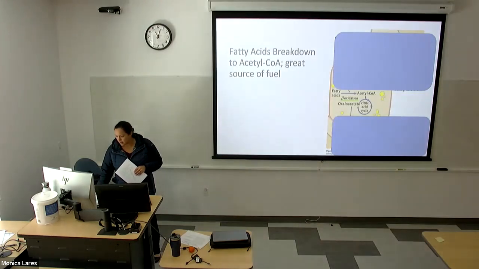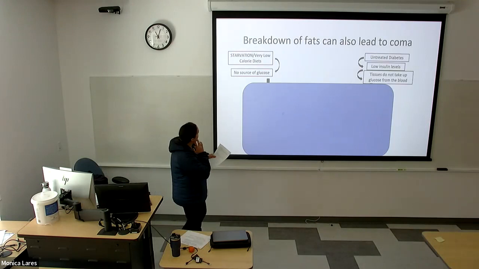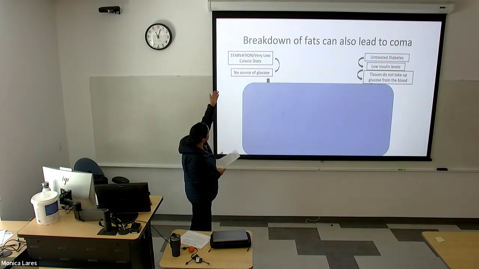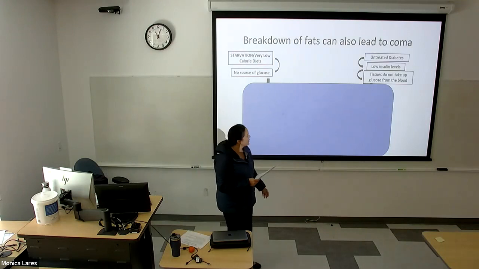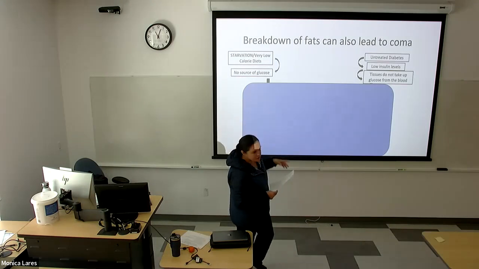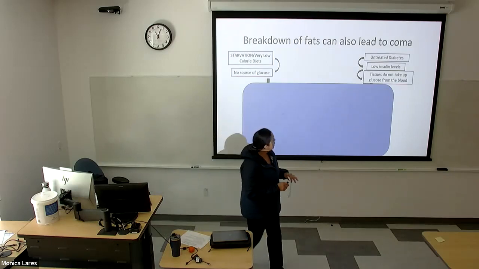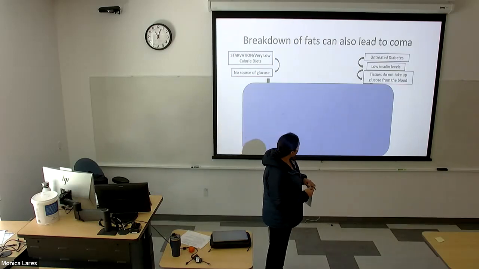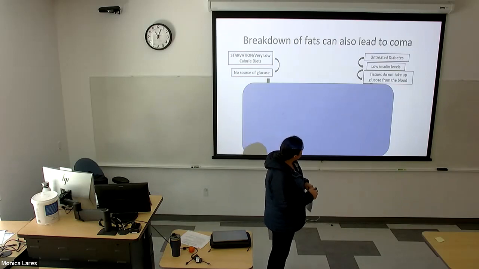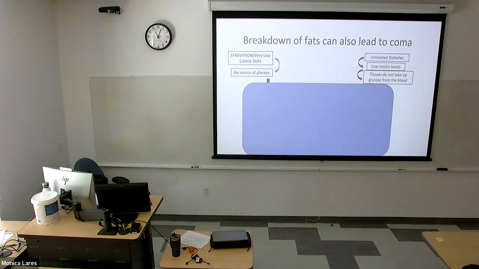I want us to think of a scenario. Either starvation or a very low calorie diet, in which there's no source of glucose, or untreated diabetes. Remember, in diabetics there is glucose in the blood, but your cells are not aware that the glucose is in the blood.